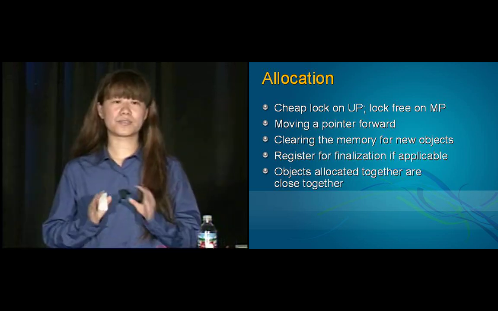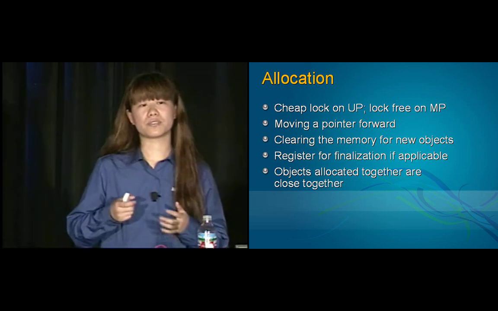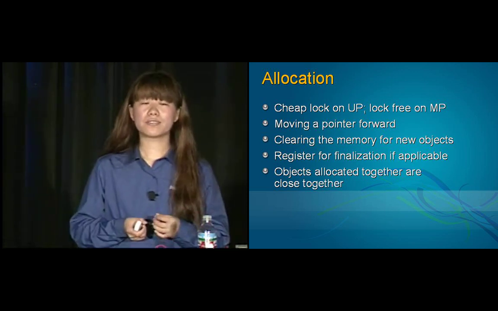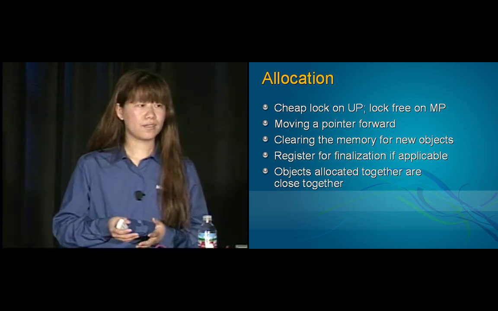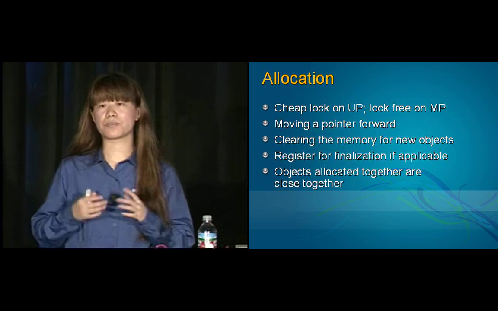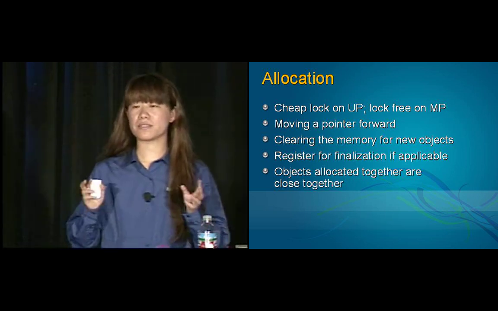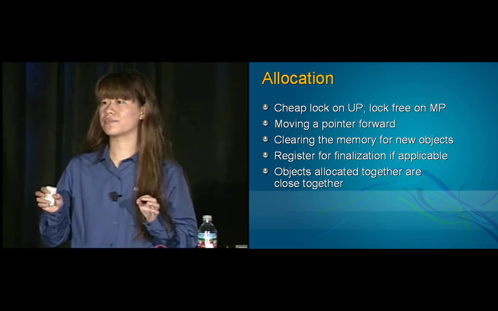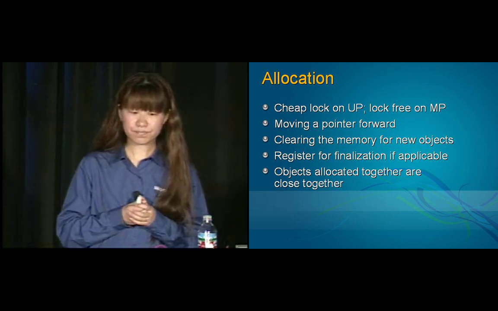It includes 3 costs. The first cost is, if you're running on a machine with just one processor, you'll need to acquire a lock. So we implement a fairly cheap spin lock to do this operation. This cost doesn't exist if you're running on a machine with multiple processors, because each managed thread actually maintains its own allocation context, so it doesn't need to take a lock.